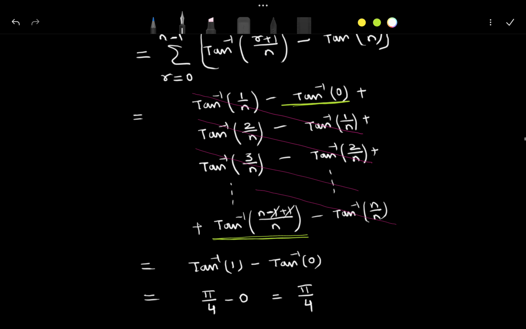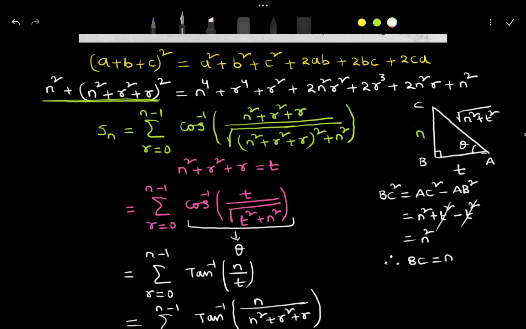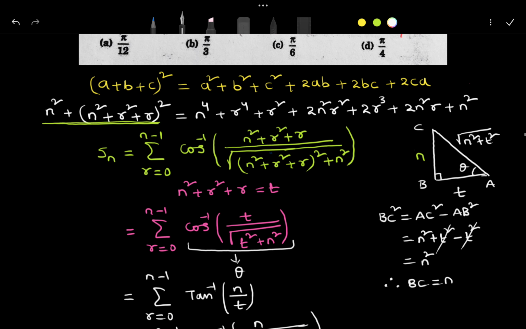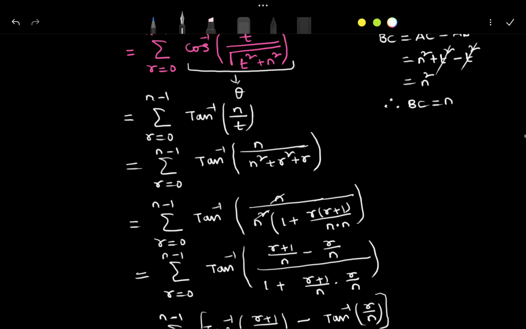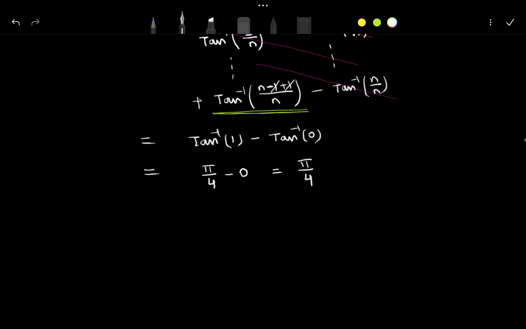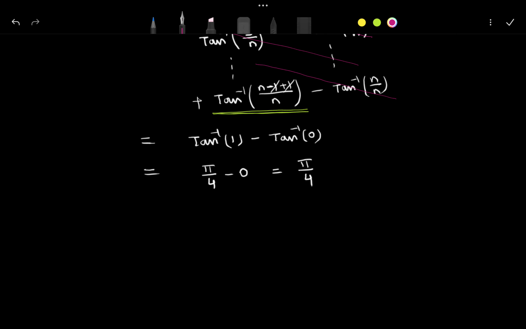Now see what the required answer to this question is. You want S suffix 100, that means when n equals 100, the sum of 100 terms. Here the sum of n terms is a constant, pi by 4, which is independent of n.